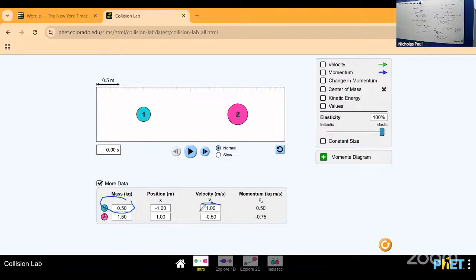So the mass of the blue is 0.5, the velocity is 1, and its momentum is 0.5. You see that?